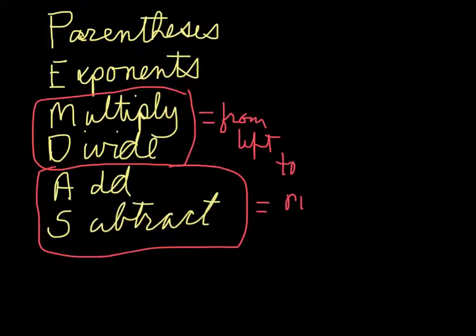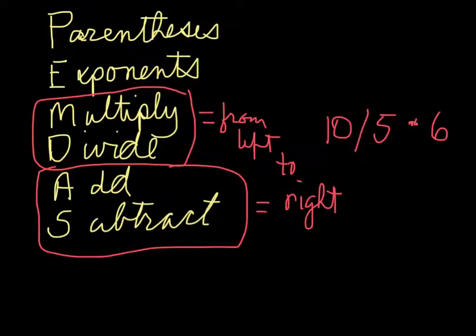And what that means is that in an order of operations problem, if a division is more on the left than a multiplication, you're going to end up doing that division before you multiply. For example, suppose I had 10 divided by 5 times 6.